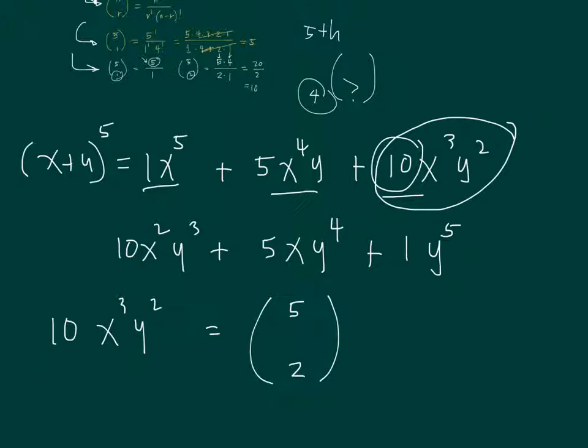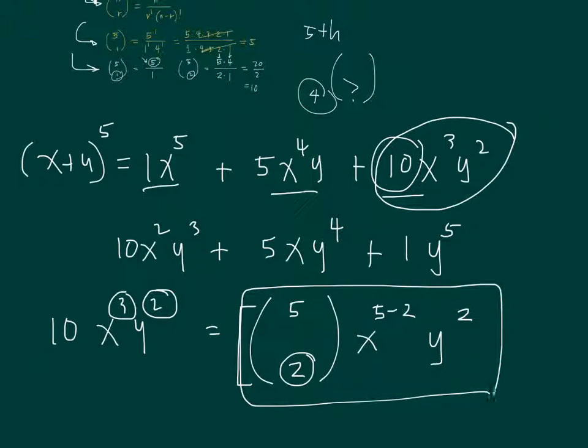And then if you take a look at x and y, you could somehow get this exponent just by looking at this. So one can deduce that 3 is 5 minus 2, and then 2 is whatever the number here. This is actually the concept of the binomial theorem, that you could get a specific term easily.